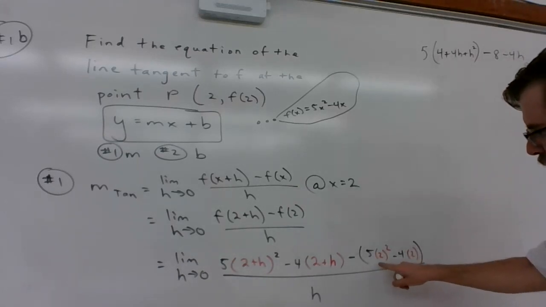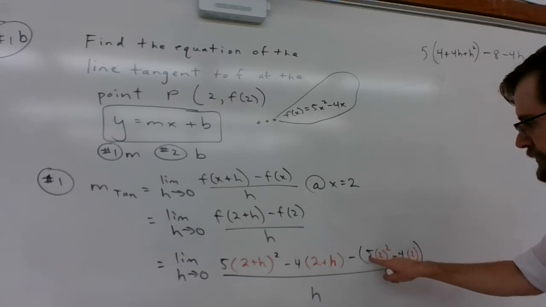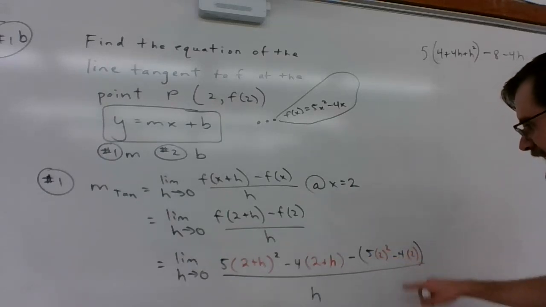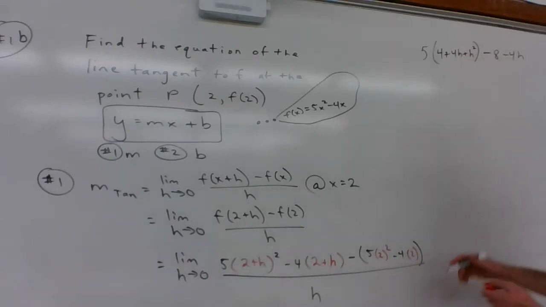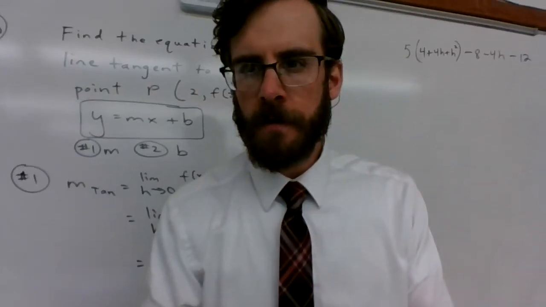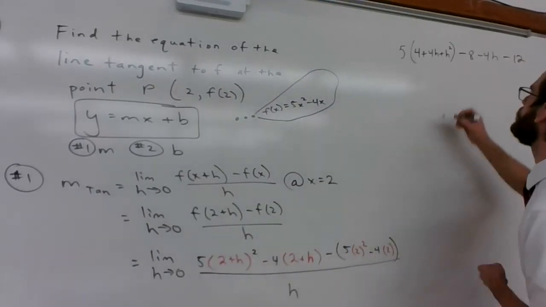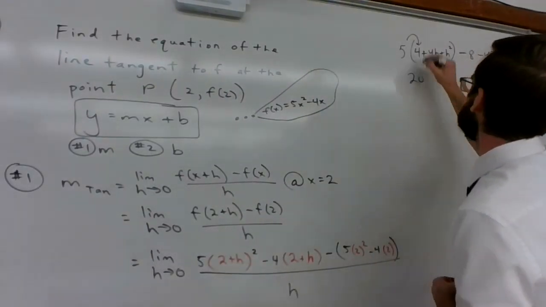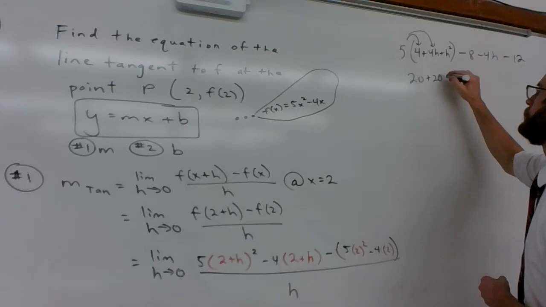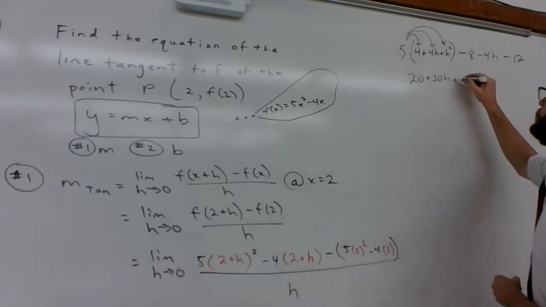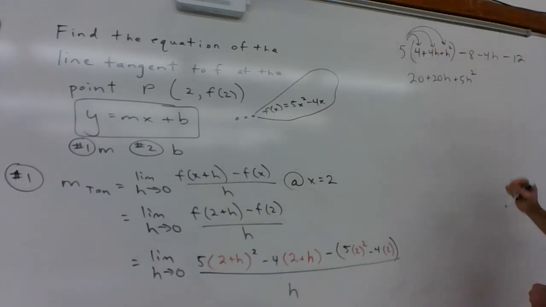And then we could just compute what's going on inside here. This is 4 times 5, 20, minus 8. 20 minus 8, 12. I'm just going to combine these two and call it minus 20 right away.